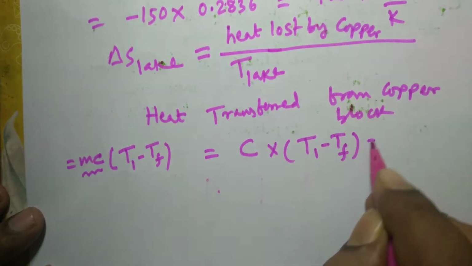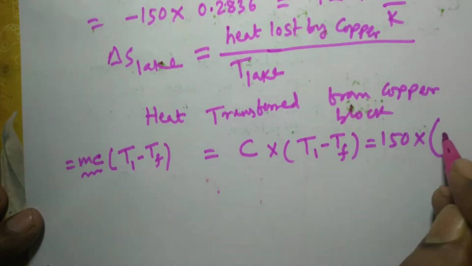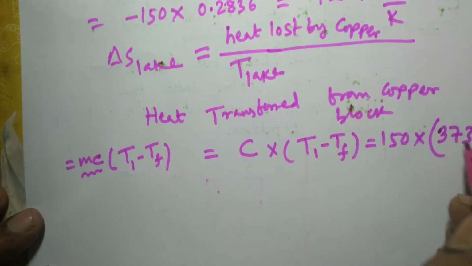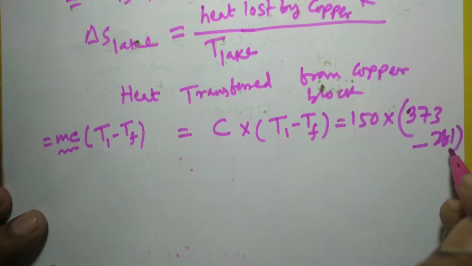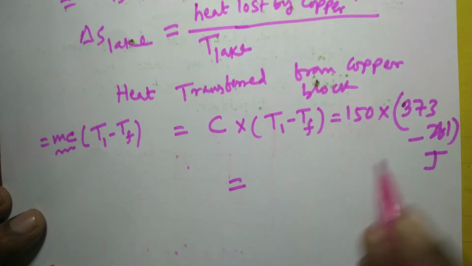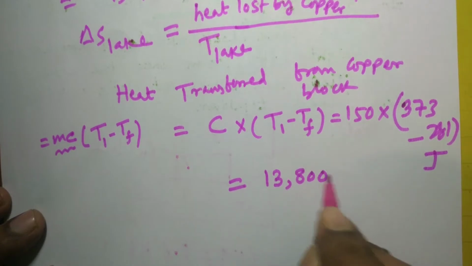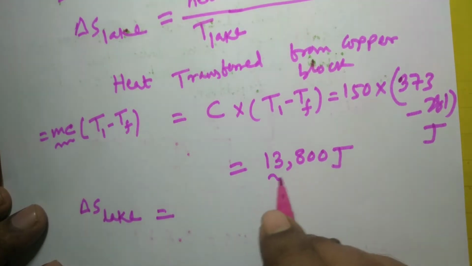C is given as 150, multiplied by 373 minus 281. This much joule is the heat transferred from the copper block, which is equal to 13,800 joule.